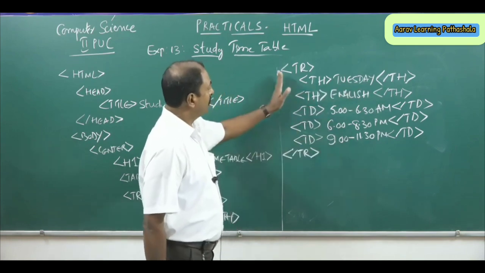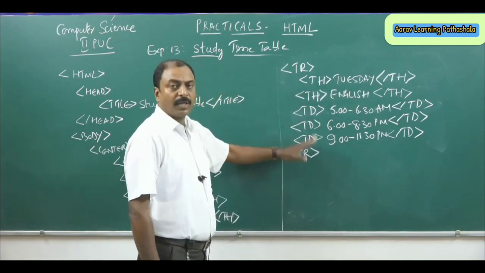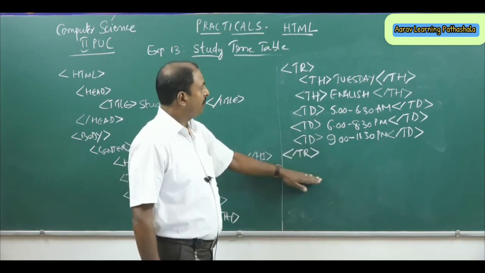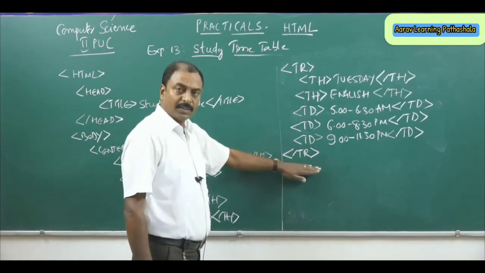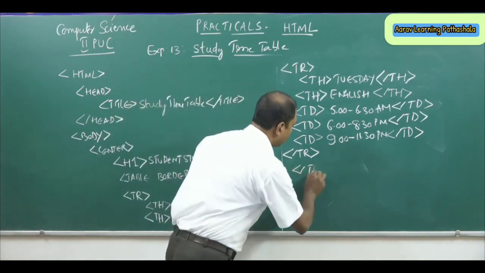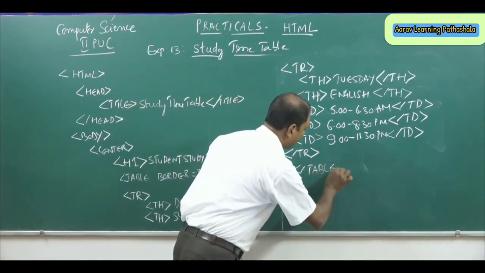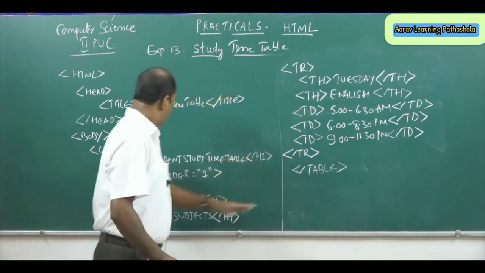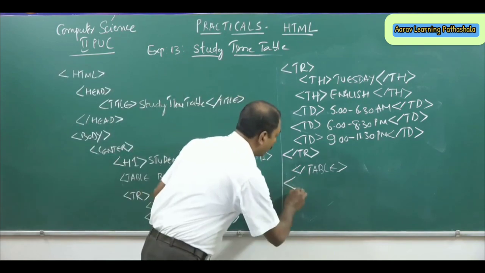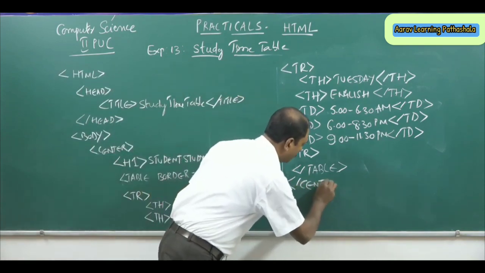So similarly you can write the code for all the 7 days of a week. Now here let me close the program at this stage. Next we have to close the table tag here. So let me close the table here. After the table, we have to close the center tag. We are closing the center tag here.